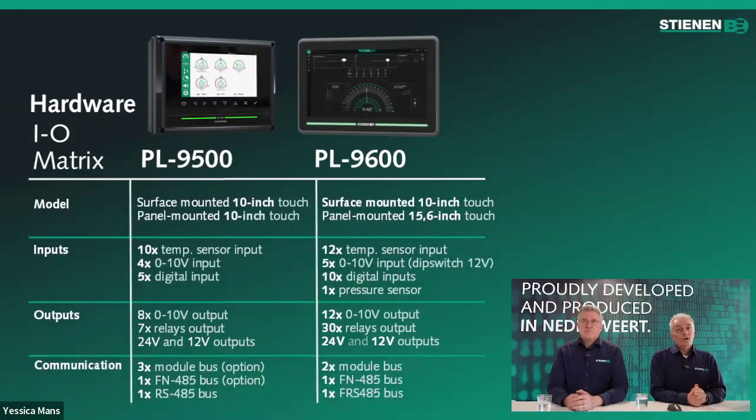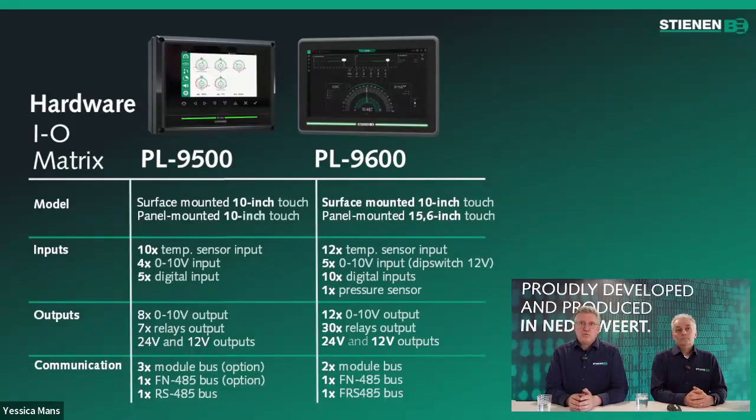There are a number of hardware differences between a PL-9500 and the PL-9600. As you can see in the table, the PL-9600 has more inputs and outputs. I will list them for you. 12 instead of 10 temperature inputs, 5 instead of 4 0 to 10 volt inputs, 10 instead of 5 digital inputs.